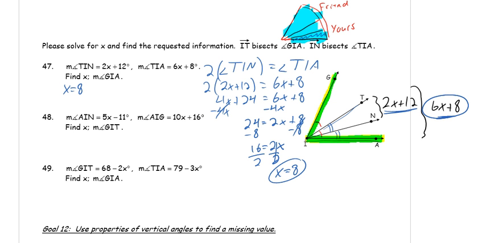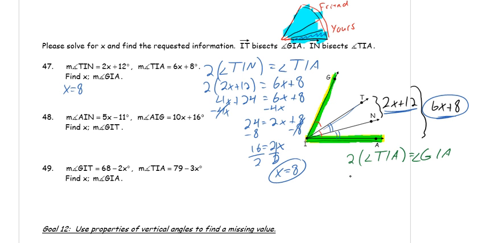There's multiple different ways you can do this. You can pick. So I'll plug it in for the one I circled and go, okay, so 2 angle TIAs equal 1 GIA.